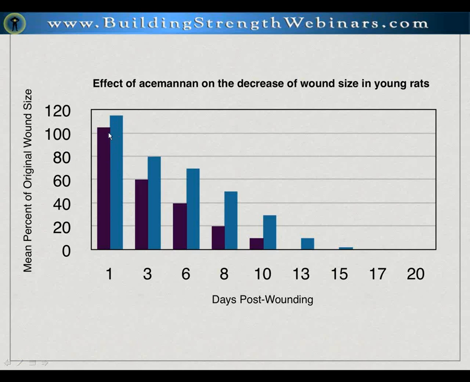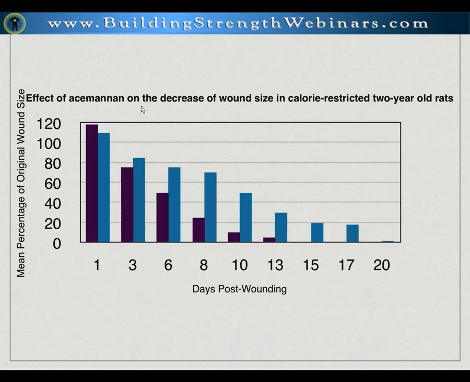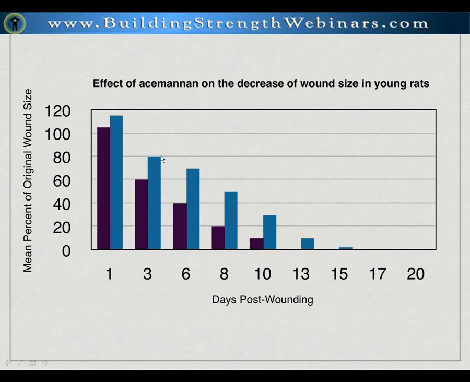What was interesting, even on day one, the wound stayed contracted more with acemannan. So the average size of the wound was smaller than the control. Day 3, and these are just the average sizes or the area of the wounds. Day 6, and all of these are statistically significant.